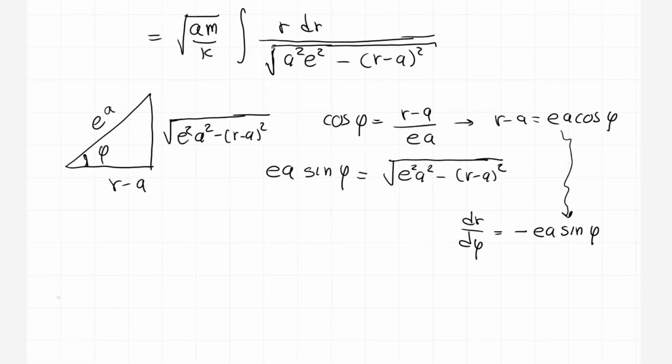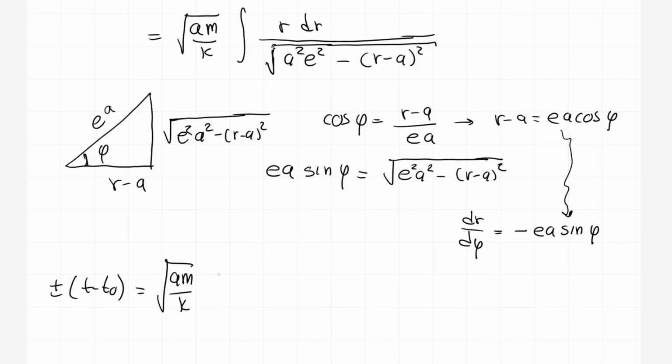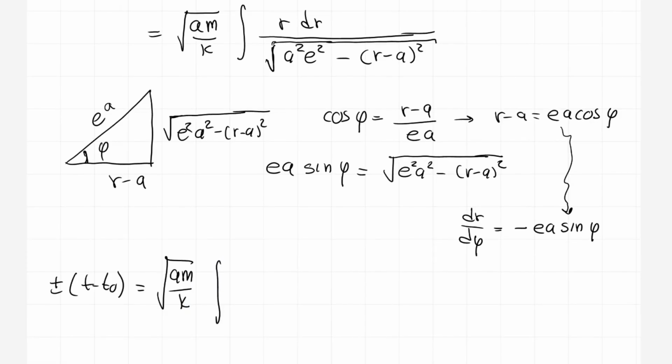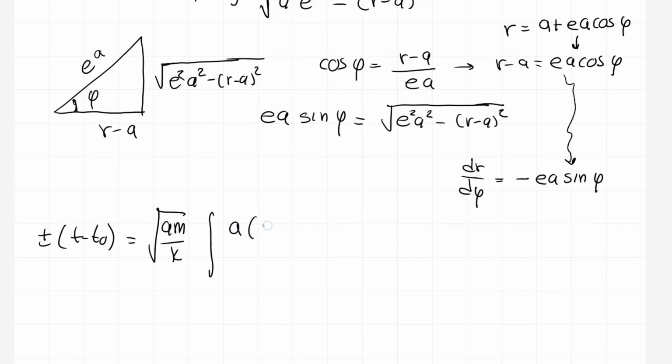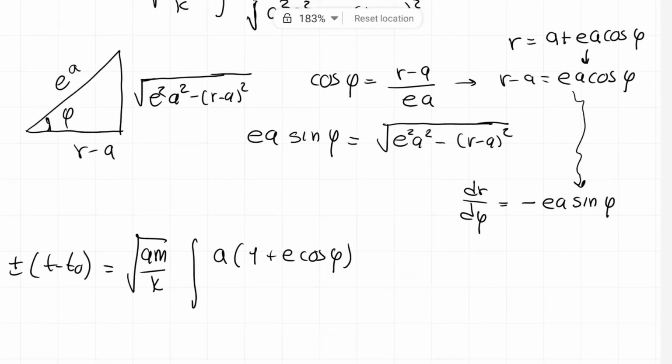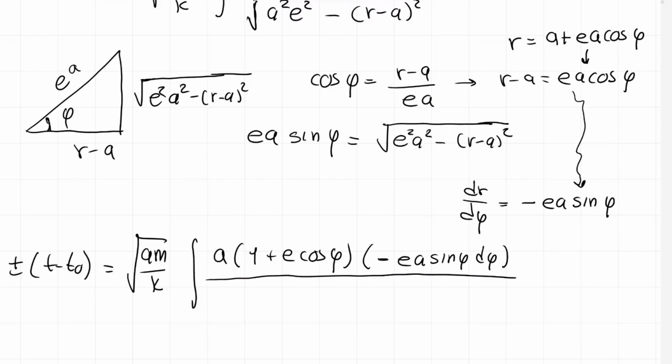We are going to get that plus minus t0 is equal to the square root of am over k times the integral of r, but r is going to be equal to a plus EA cosine of phi, which is actually a times 1 plus e cosine of phi, times dr, but dr is negative EA sine of phi d phi, all over this expression that we saw is equal to this.